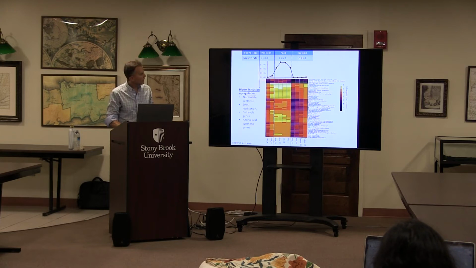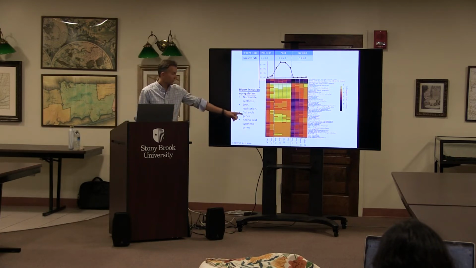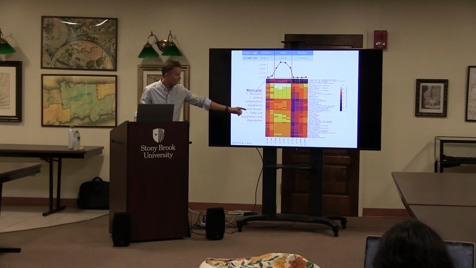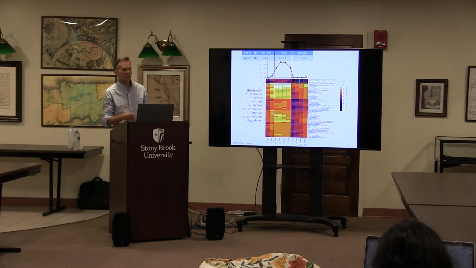together. So for example, as the bloom was ramping up, we saw things that we'd expect to see, like lots of cell cycle genes and lots of DNA replication, things needed for the cell to grow very, very quickly. And then at the bloom peak, we saw an emphasis more on carbon fixation, but also fatty acid, both biosynthesis and degradation.